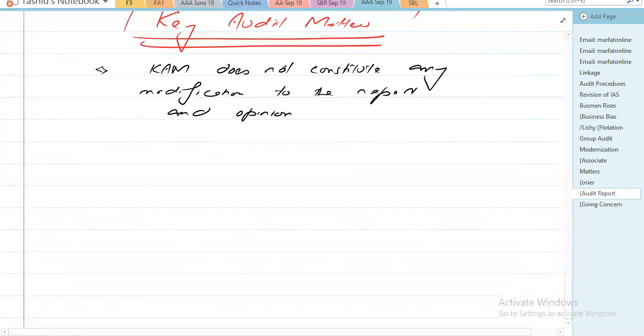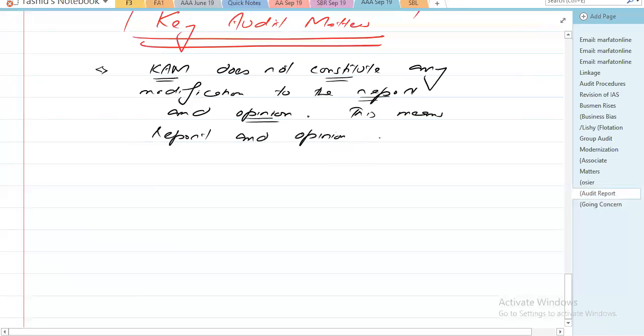When you include the CAM in the unmodified report, the report as well as the opinion remains unmodified, because obviously this is a part of the unmodified report, so why would it constitute any modification?